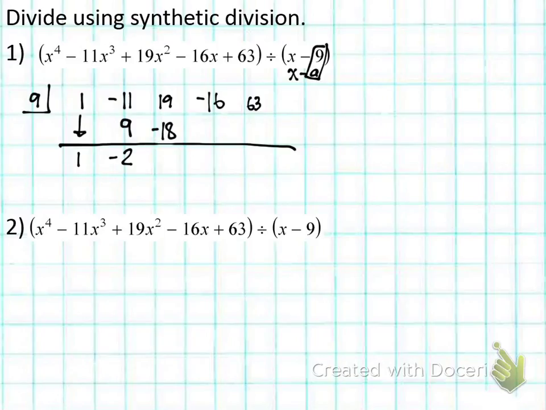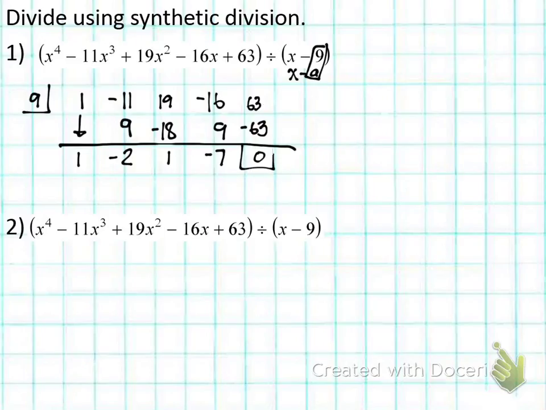Then 19 plus negative 18 is 1. 1 times 9 is 9. So we put a 9 here. Then negative 16 plus 9 is negative 7. Then negative 7 times 9 is negative 63. 63 plus negative 63 is 0.